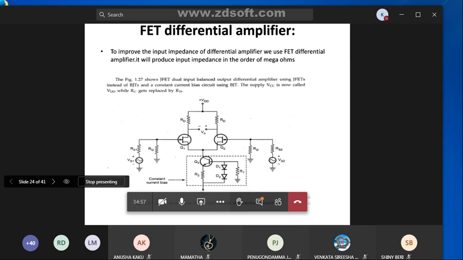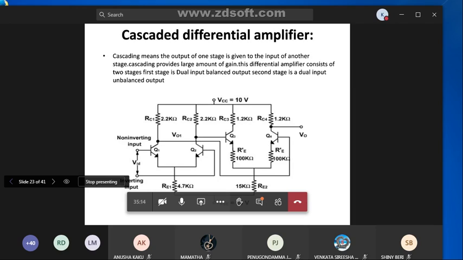In multi-stage amplifiers, we have three types: RC coupled amplifiers, transformer coupled amplifiers and direct coupled amplifiers, right? In the RC coupled amplifier, we are using resistors and capacitors to couple the two stages. In the two-stage RC coupled amplifier, we use the capacitor to couple the two stages.